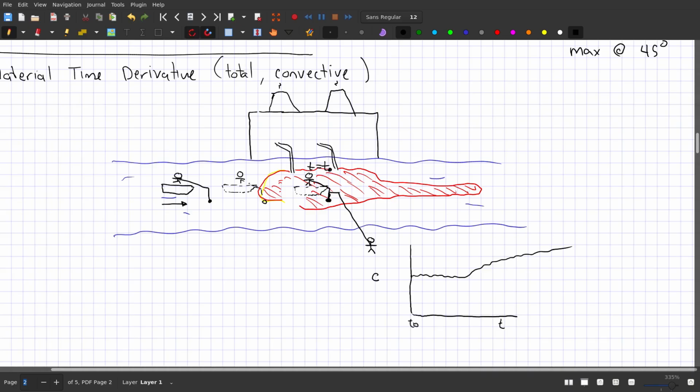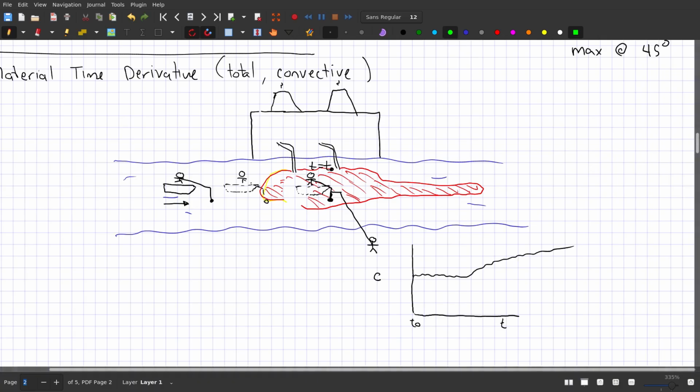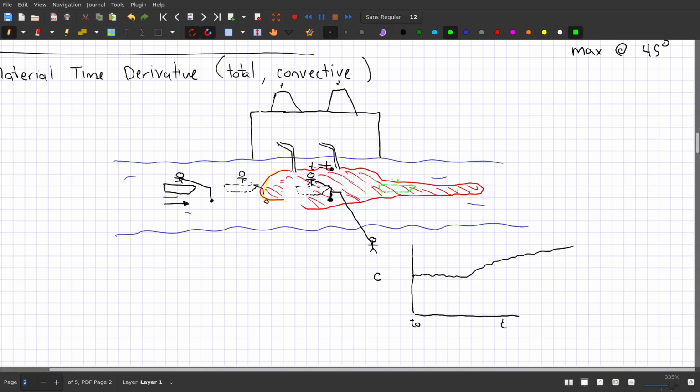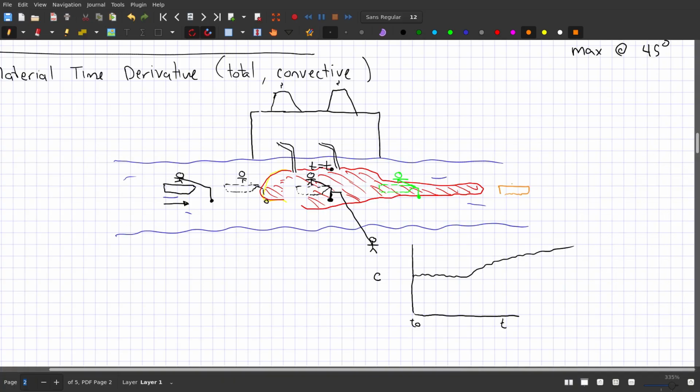I'll draw my other plot in a second. But sometime later, I will be over here. And sometime even after that, we'll be over here. So we'll call this T2. We'll call this T1. Right?